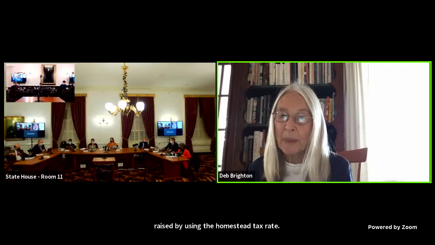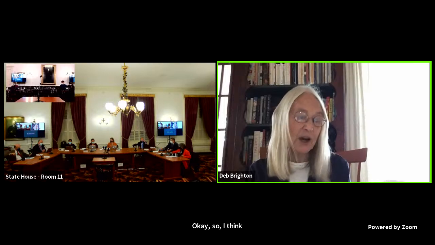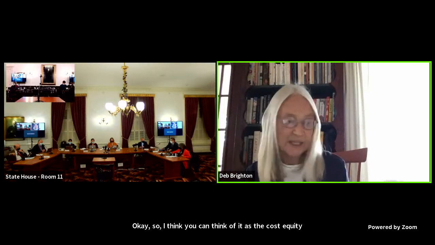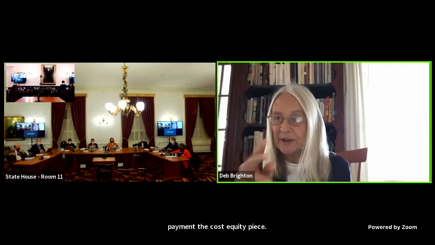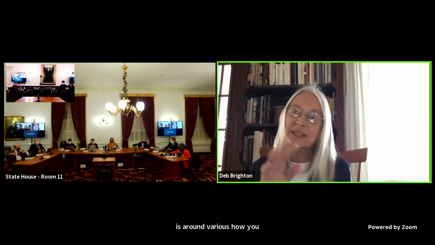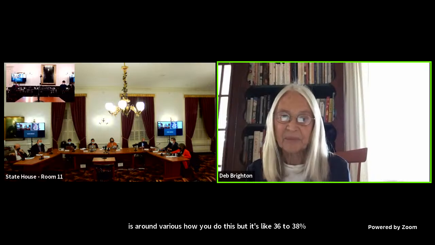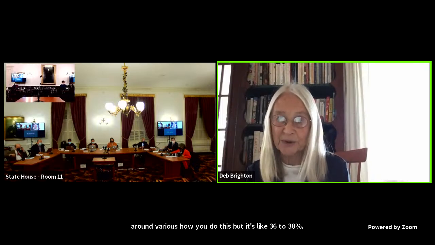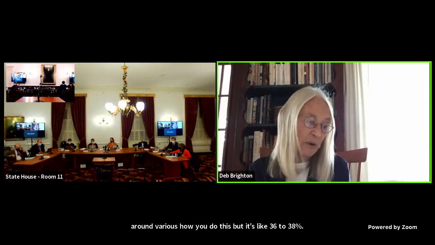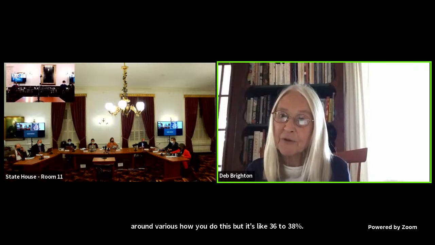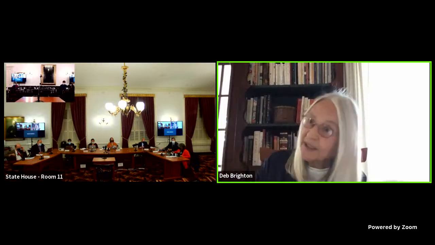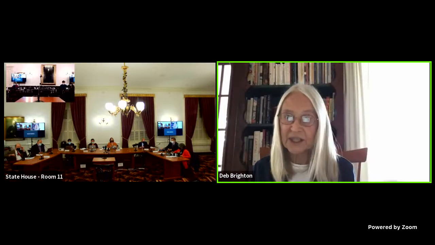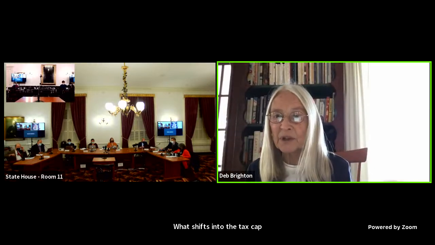So I think you can think of it as the cost equity payment, the cost equity piece is around, it varies on how you do this, but it's like 36 to 38%, depending on which weights you choose. And then the remainder, 62 to 64%, is what shifts into the tax calculation to figure out what your tax rate would be.